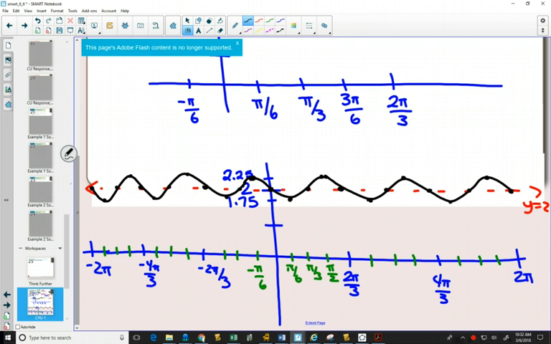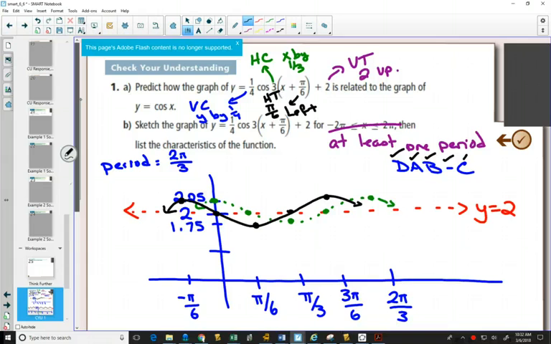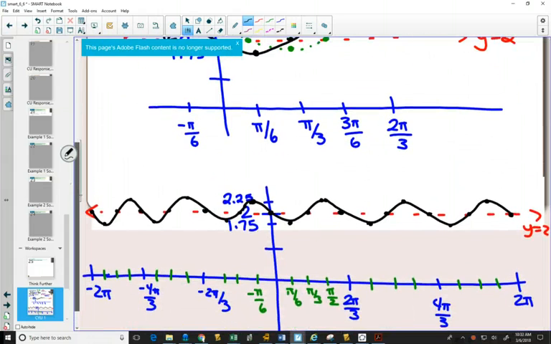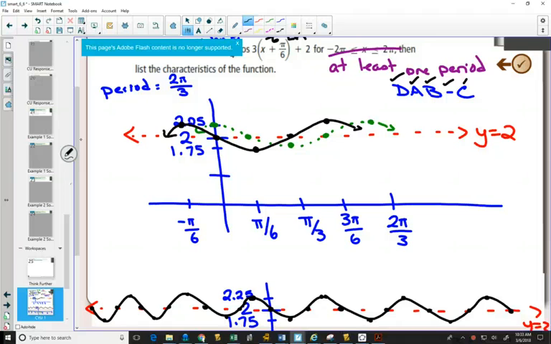Now, the end of this question says to describe or list the characteristics of this function. What that means is basically going through each of these things and saying what they mean. D was our center line, so we would say the center line is at y equals 2. A is our amplitude. We would say our amplitude is 1/4.